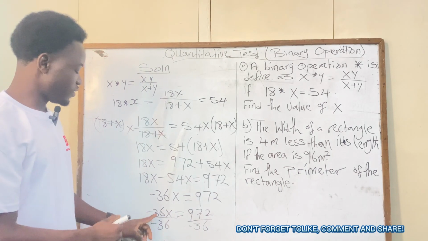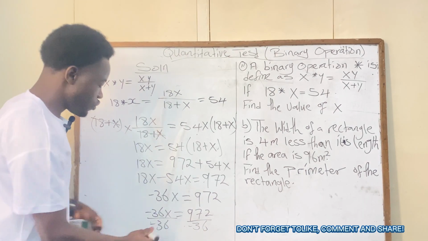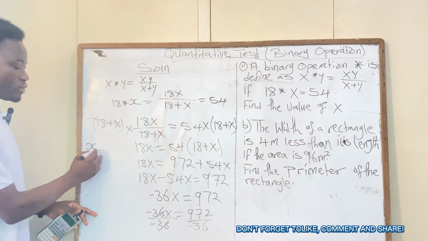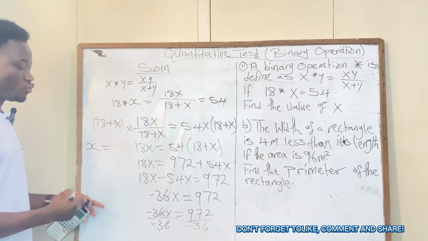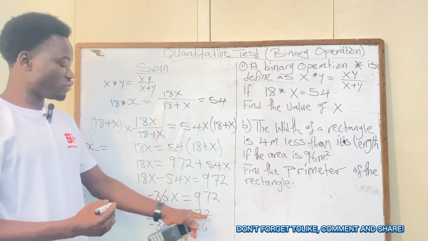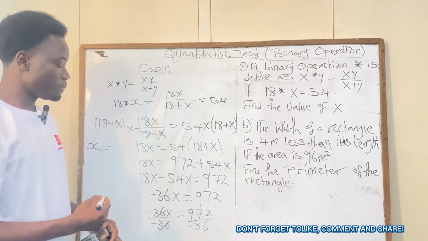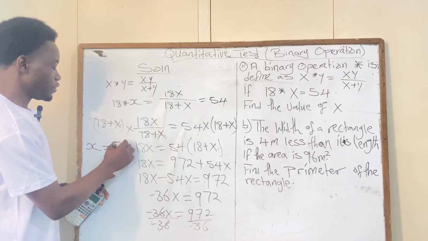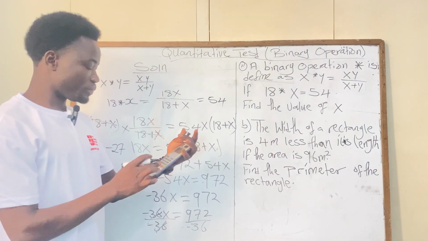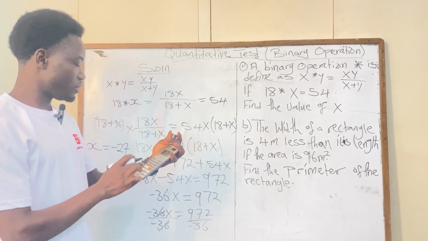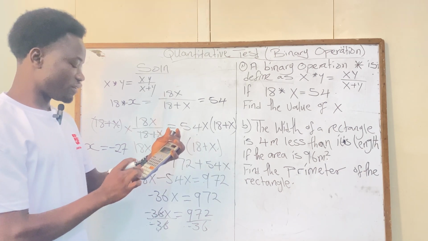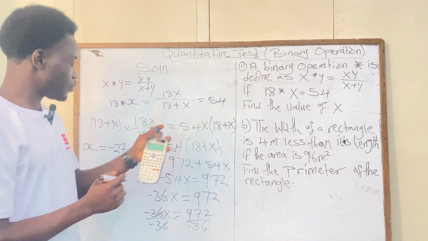And this 36 is going to go with this, leaving x, which is equal to 972 divided by negative 36. Let's try that. 972 divided by 36 is negative 27.